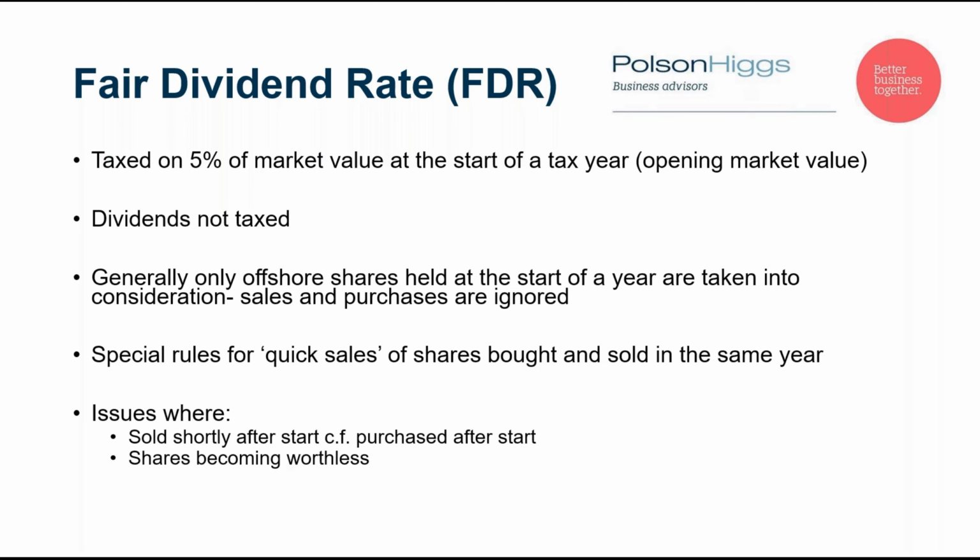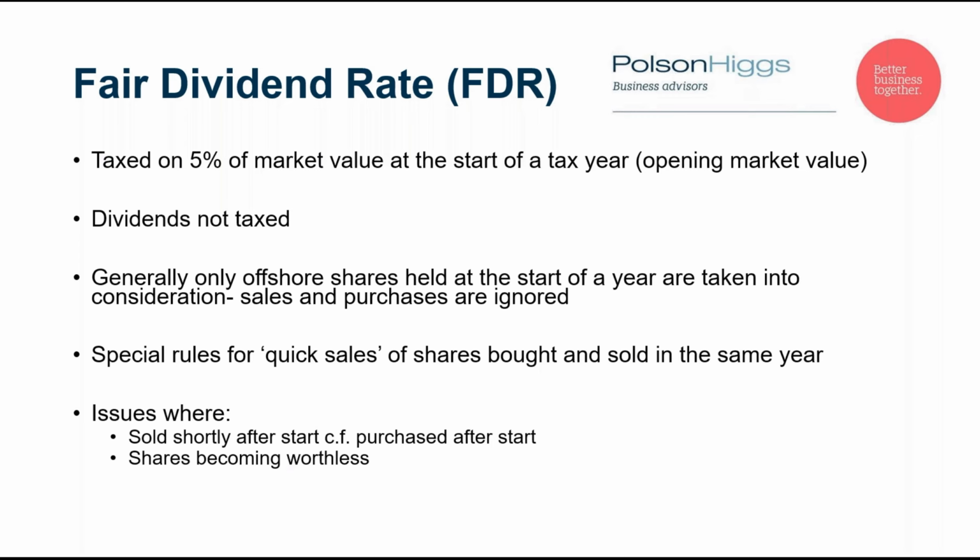I simply take my opening market value, how much my shares were worth on 1 April, assuming a 31 March balance date, and multiply that number by 5%. That number that I get is my taxable income, put that in my tax return, and I pay tax on that in New Zealand. What about the actual dividends paid by the FIF?